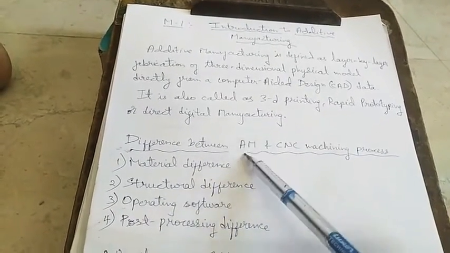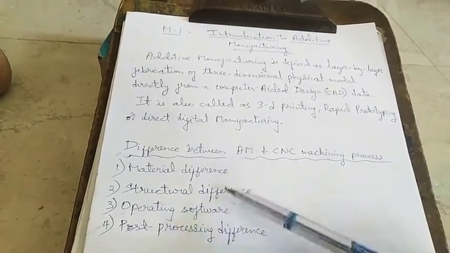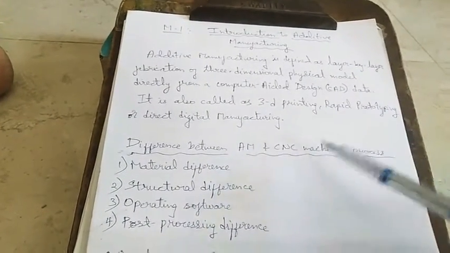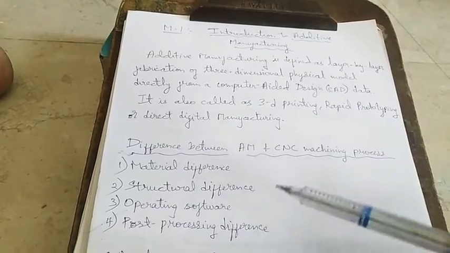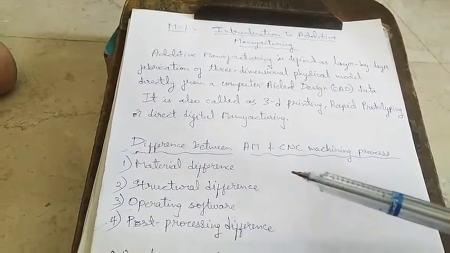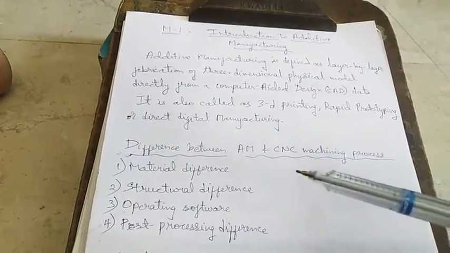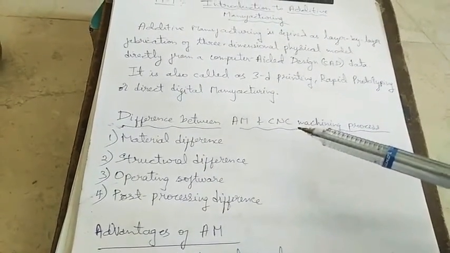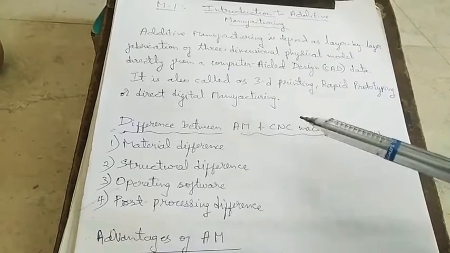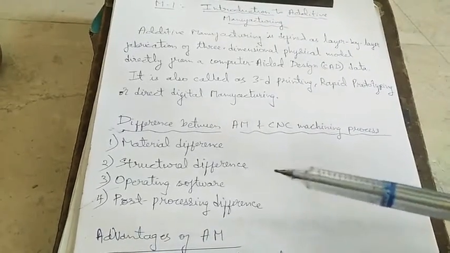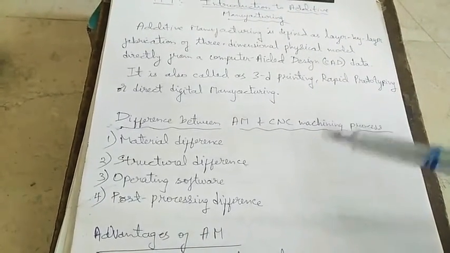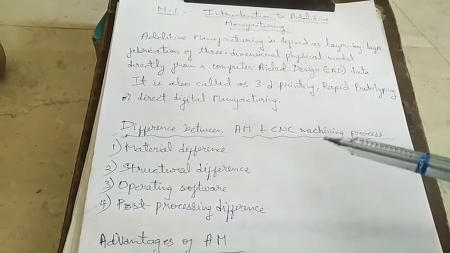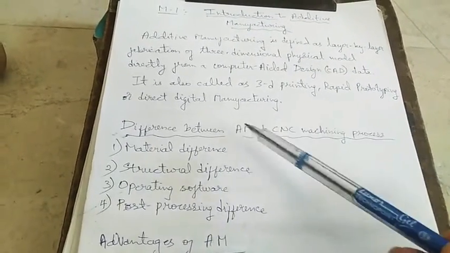But in additive manufacturing, we add the material. As I said earlier, we add the material slowly in incremental stages to construct the final three-dimensional object. This is similar to building a house. In building a house also we keep adding bricks in incremental stages, and finally construct a big house.